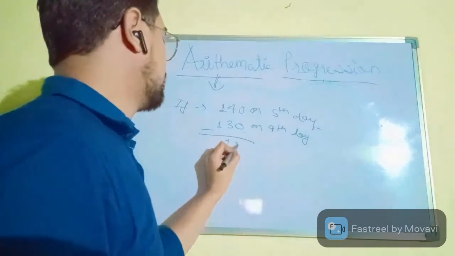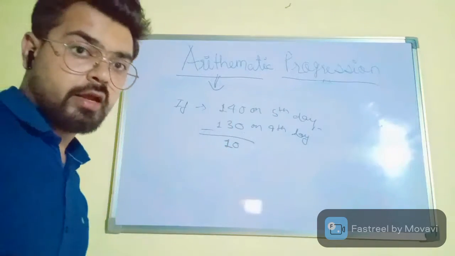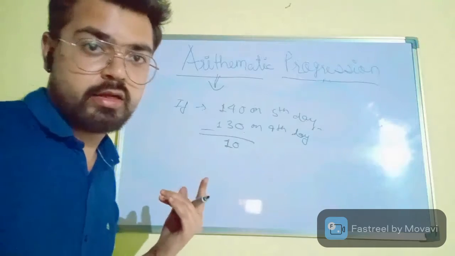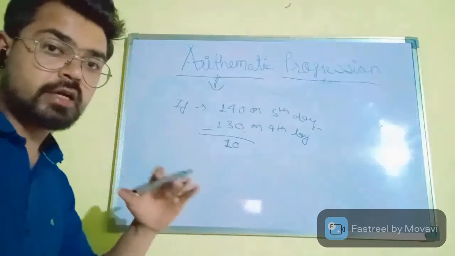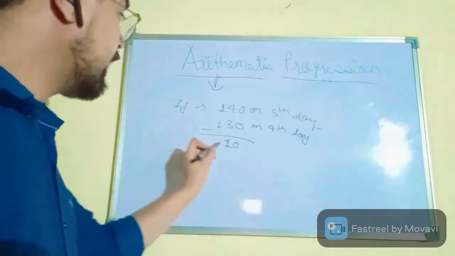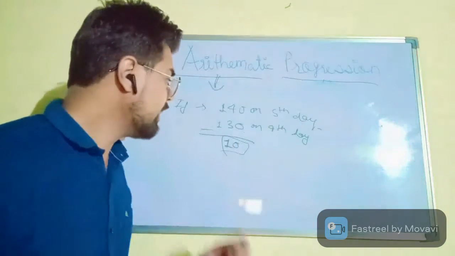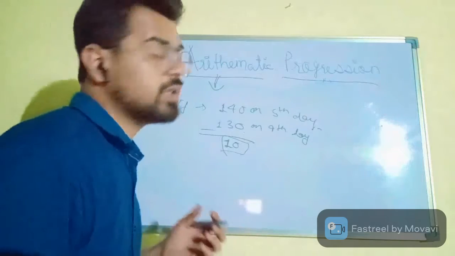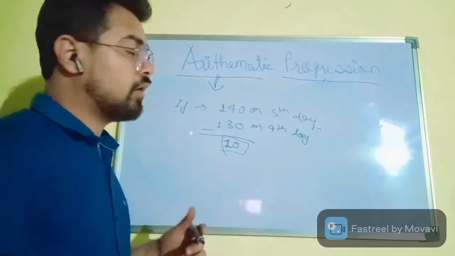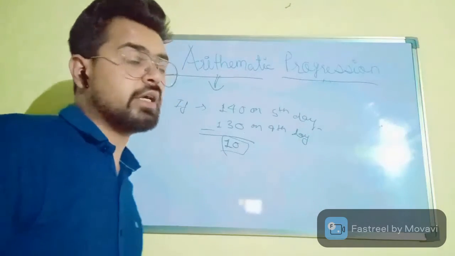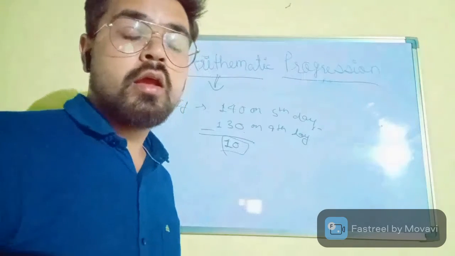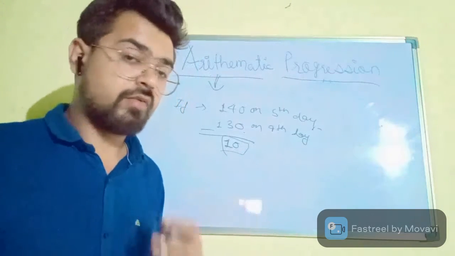It is 10. And I told you at the start that we are increasing 10 rupees per day. So we are getting a constant difference. Arithmetic progression means a progression having a constant difference between the term and the previous term.